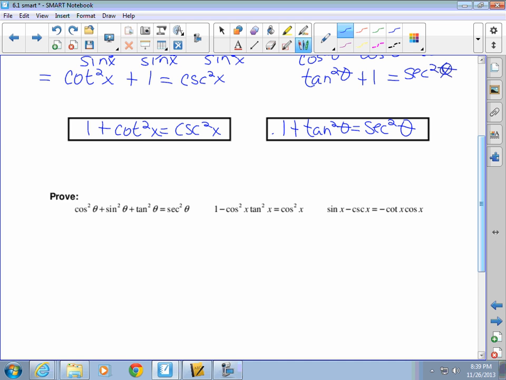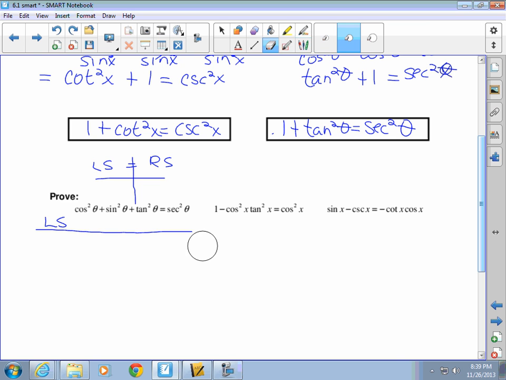As soon as you see that this is a proof, what we want to do is prove that our left side is equal to our right side. So that means we're going to do our t-chart. So our left side, and then my right side.